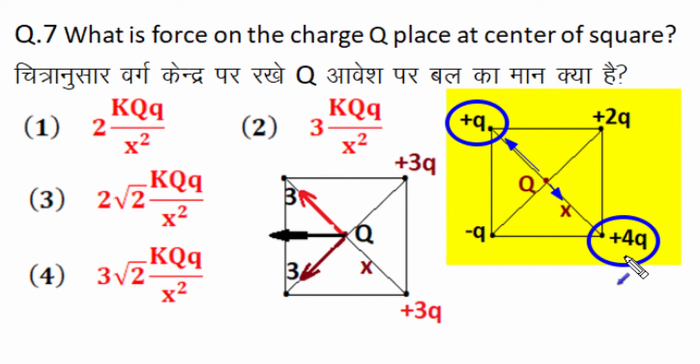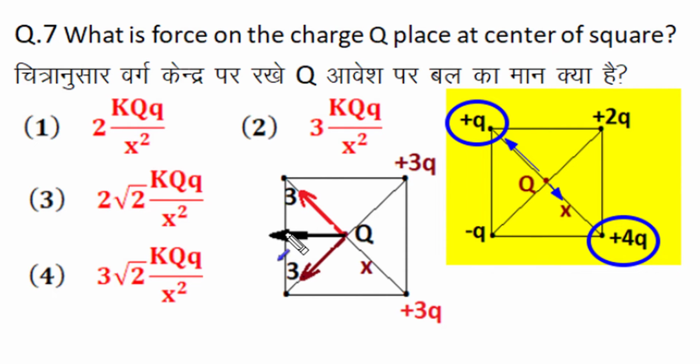Similarly, minus q and 2q can be replaced by a single plus 3q charge at one vertex, and both these 3q charges produce a repulsive force of 3kqQ over x square as shown here.